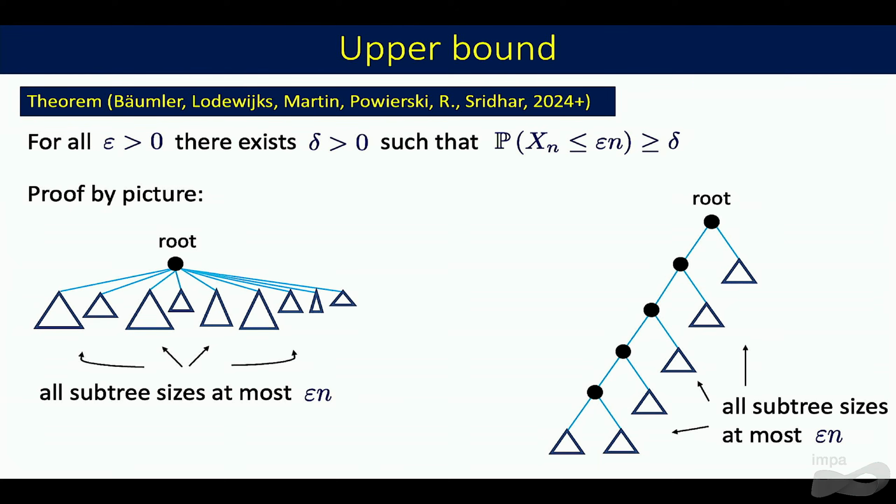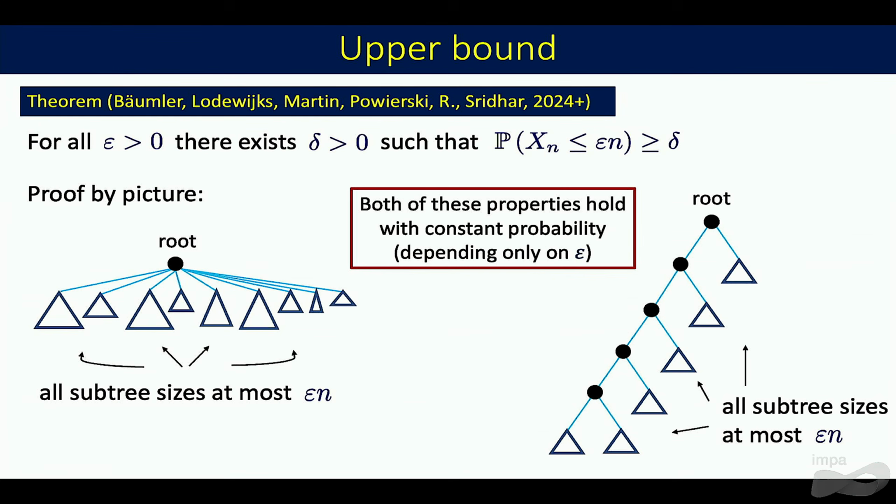And similarly here and at every level. Okay? Now, by exactly the same kind of stick-breaking argument, this also has probability at least some constant depending on epsilon. Okay? So both of these properties hold with some constant probability.